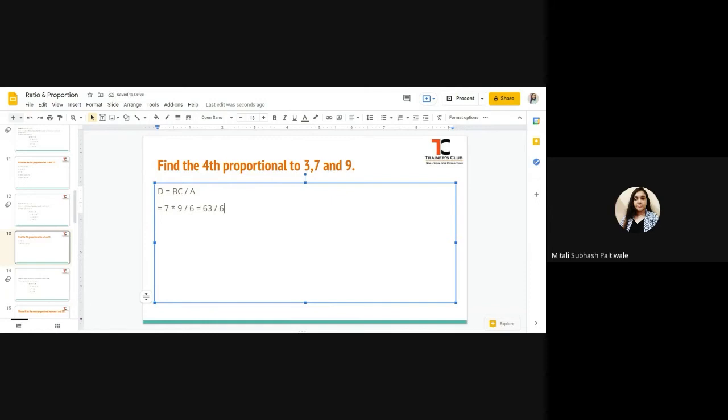Sorry, 3, it's 3. I'm really sorry. 63 divided by 3 will give you the answer as 21. So 21 threes are 63. So this is the only answer which is there.